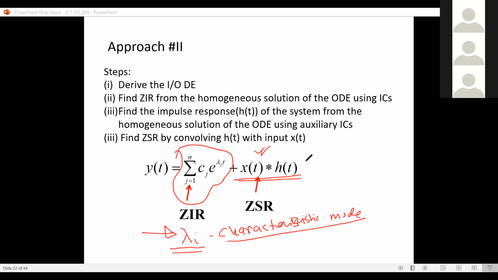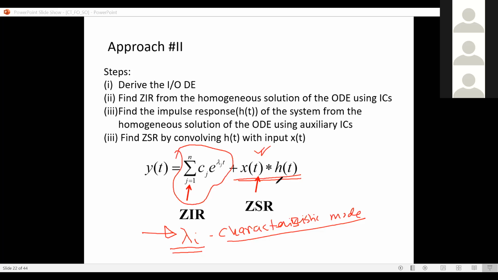The convolution technique that we studied earlier in the chapter for discrete time and continuous time cases is actually for ZSR. So we can use convolution, or if you do not use it, then we can solve directly from the differential equation. Convolution operation is possible only when the impulse response can be determined.